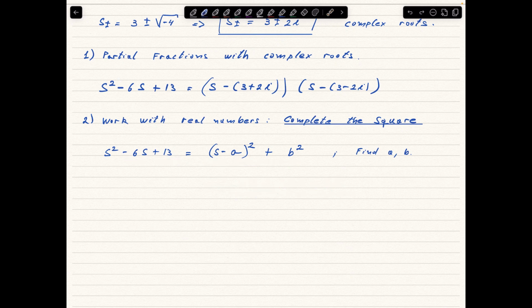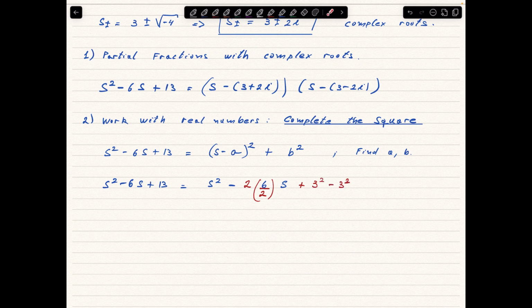Or another, maybe more fancy way, is construct it. s squared minus 6s plus 13 is actually equal to s squared minus, we multiply by 2 here. If we are multiplying by 2, we need to divide by 2, so we don't change the equation. And there it is. And then times s. And now this number that we have here, which is 3, we add it plus 9, so 3 squared, minus 3 squared.